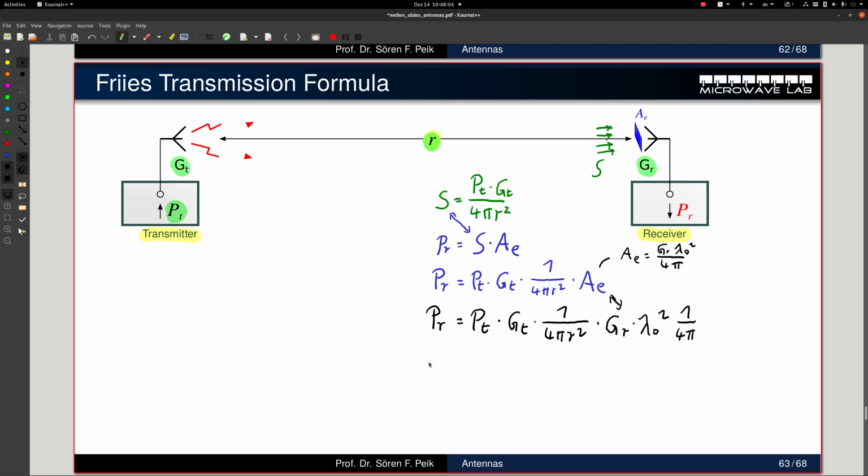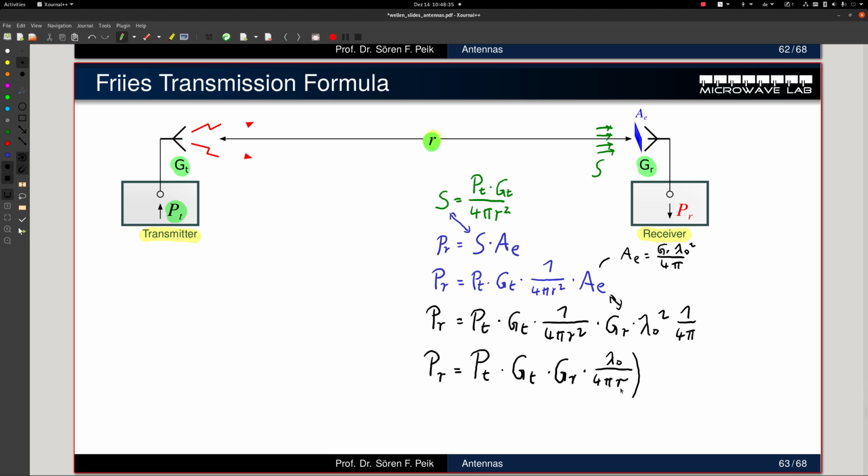Let's rearrange that such that we see it more clearly. P receive is equal to P transmit times my gain of my transmit antenna times my gain of my receiving antenna times lambda naught over 4 pi r, all squared.